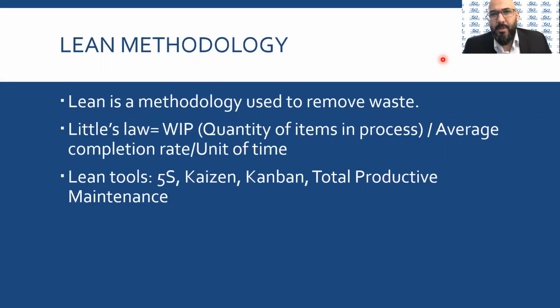Some of the tools that we could use here are the 5S, which we talked about in the first video, Kaizen, Kanban, total productive maintenance, and other tools that we're going to talk about.